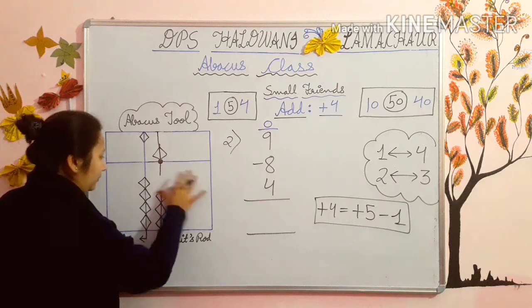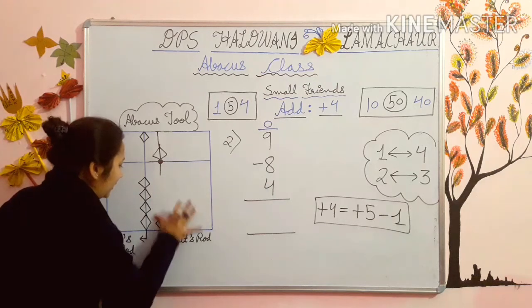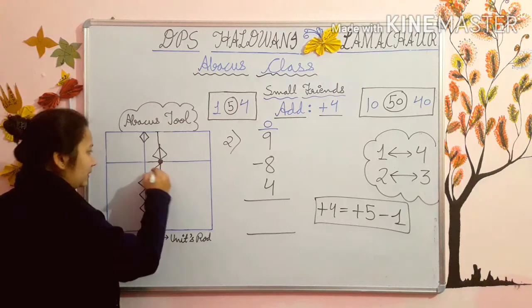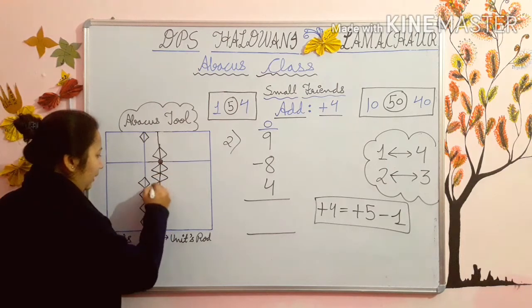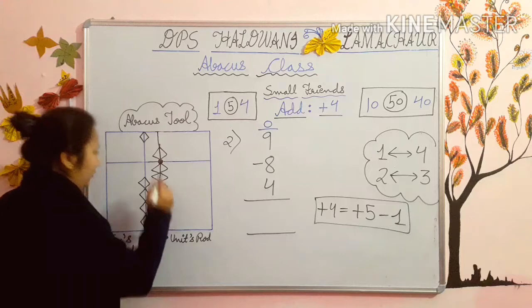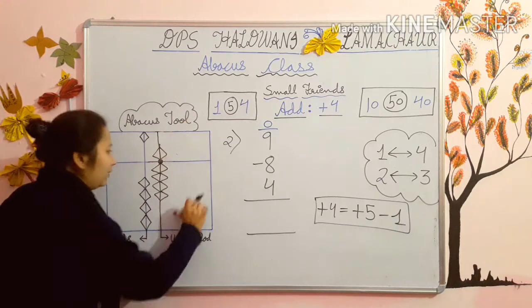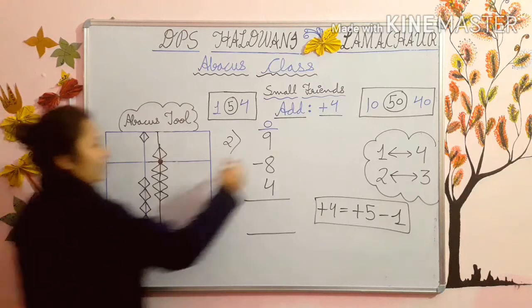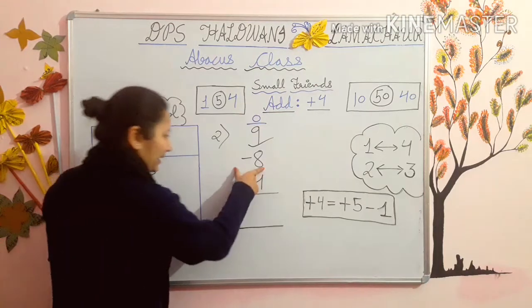And then 4. Because 9 is a combination of 5 and 4. 5, 6, 7, 8, 9. See 5 and 4 makes 9. And this is done. Now minus 8.